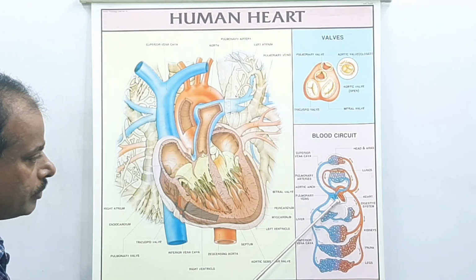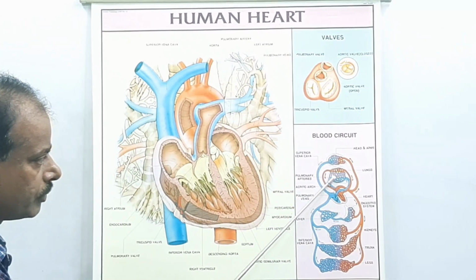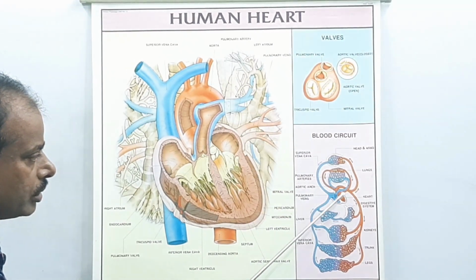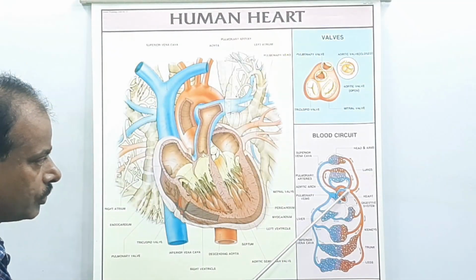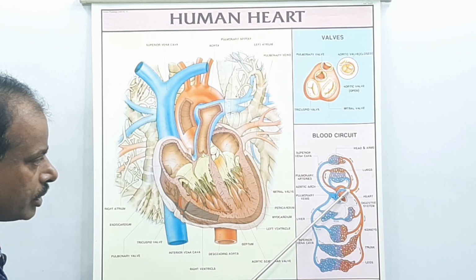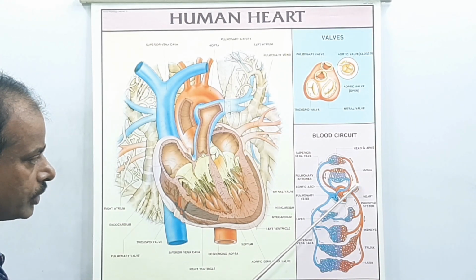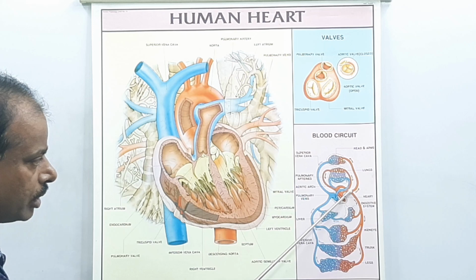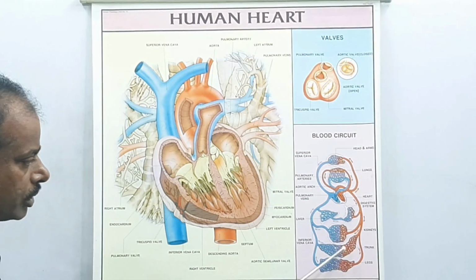Then from the right ventricle, blood is pumped to the lungs for oxygenation, and from the left ventricle, blood is pumped to the different body parts through this aorta, such as to the head region with the help of the superior aorta, and from the posterior aorta it is carried to different parts of the body.